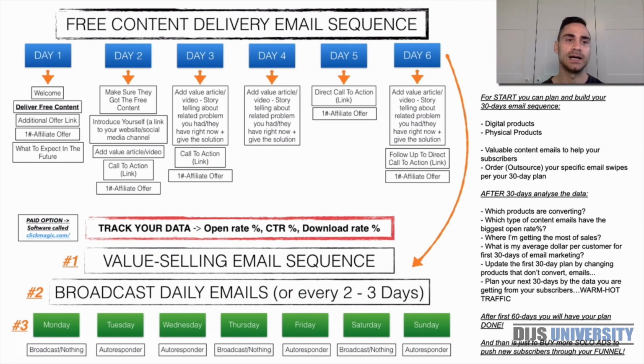Day 2, make sure they got the free content. So you can send an email to remind them about the free content. Introduce yourself, with a link to your website or maybe a social media channel.